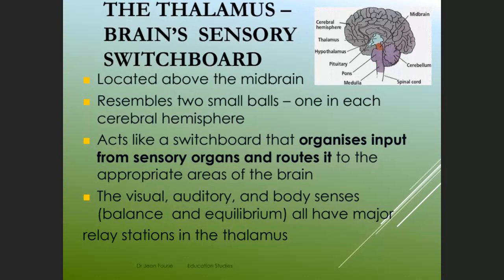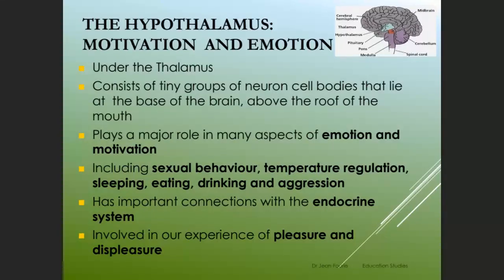So the visual, auditory, all the body senses, all of these come into the brain, and they have major relay stations in the thalamus, which sends the signals to the correct parts of the outer cortex to be processed and perceived and to be turned into memories.